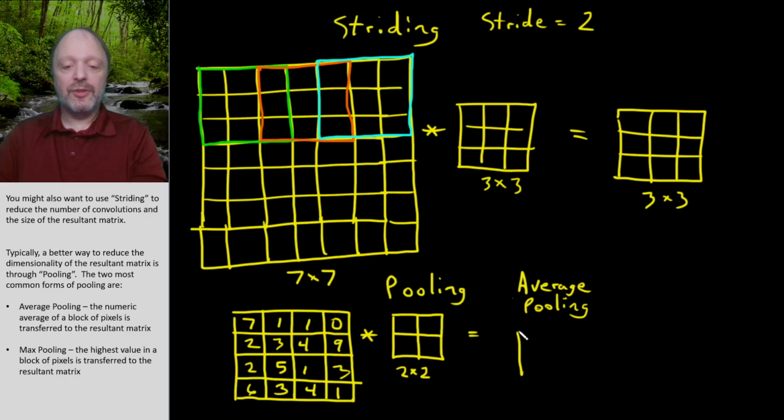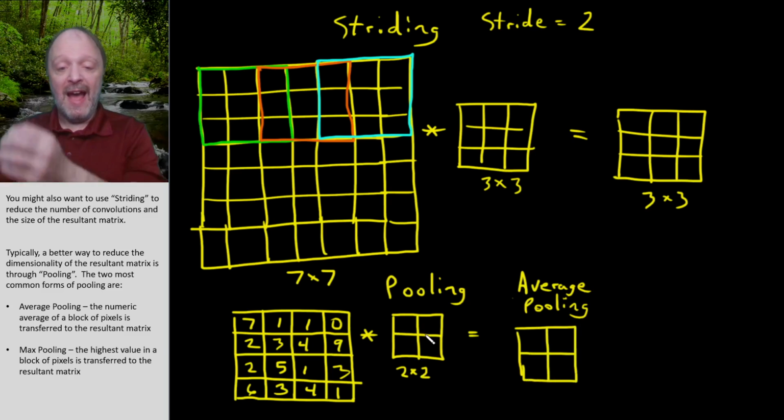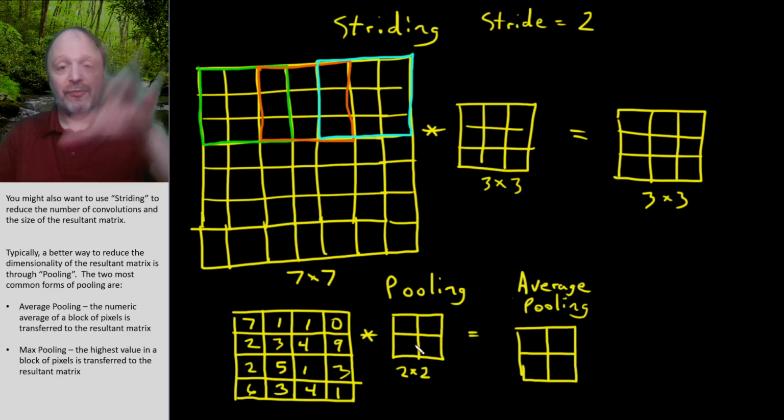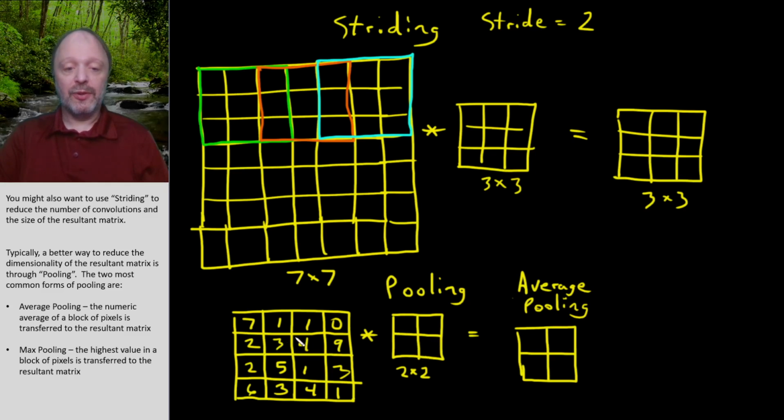We're going to wind up with a 2 by 2 as our result. And what it gives you is the average of the four values that the filter is on top of. So it would start off right over here, and it would look at those four values.